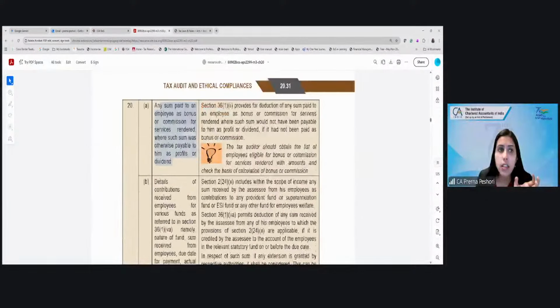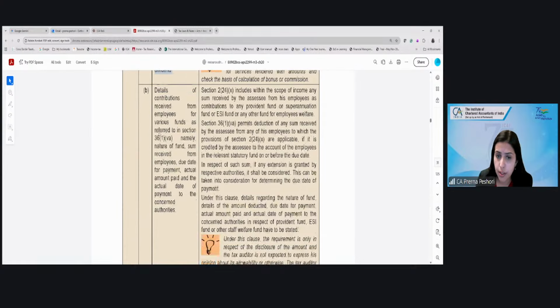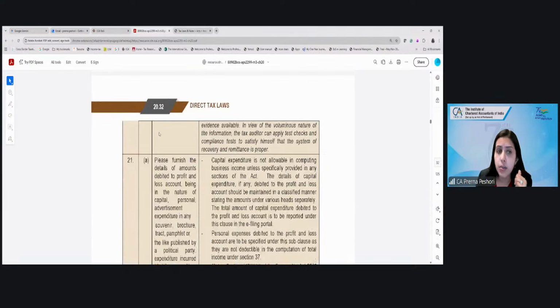Then 20B was detail of contribution with respect to the ESIC and PF of the employees, which has been collected and which has been deposited up to the due date, when it is actually deposited, and what was the actual due date. You need to put everything into this.